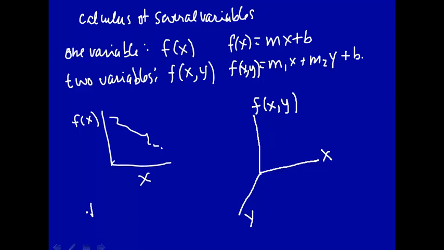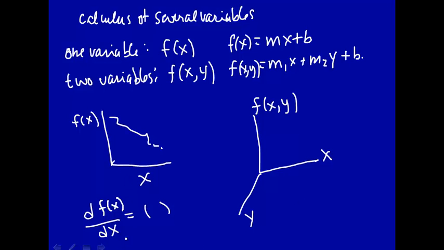Over here we can say the derivative of the function f of x with respect to x is equal to something you can calculate using what you learned in calculus. Over here, how do you talk about the derivative of a function with respect to some independent variable?